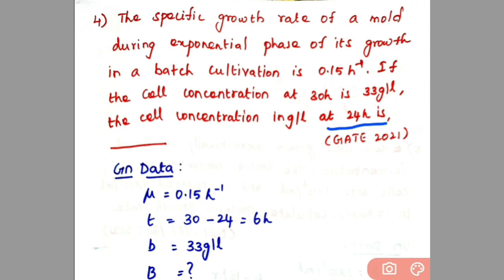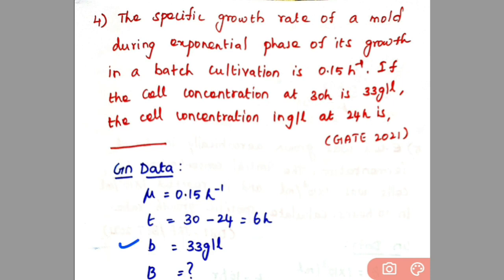So they are asking the cell concentration at 24 hour, and they have given the cell concentration at 30 hour. From this given data you can calculate the time interval. So the time interval T is equal to 30 hour minus 24 hour, that is 6 hour.